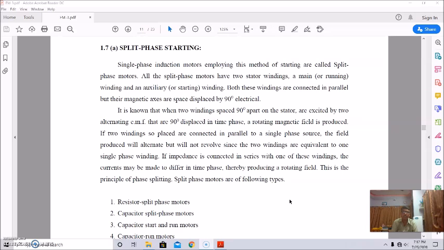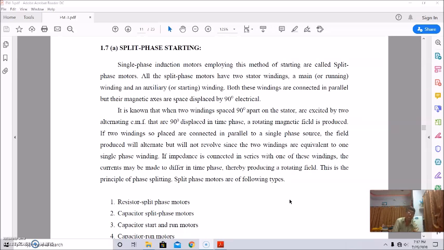the stator windings. All the split phase motors have two stator windings: a main or running winding, and an auxiliary or starting winding.